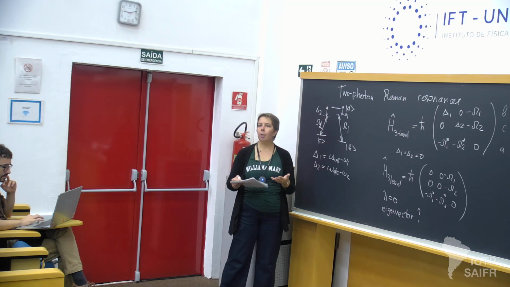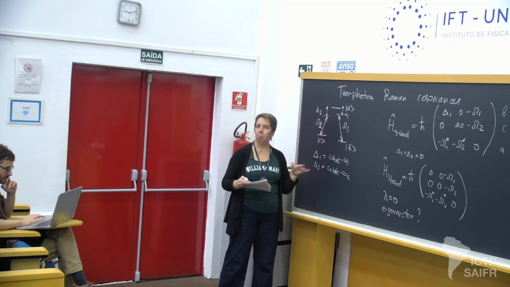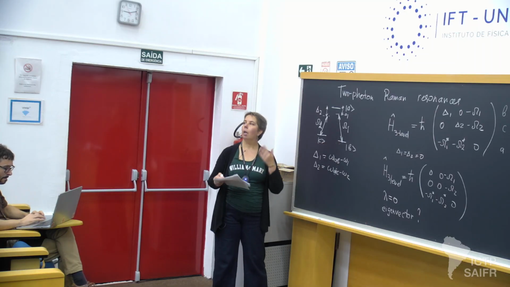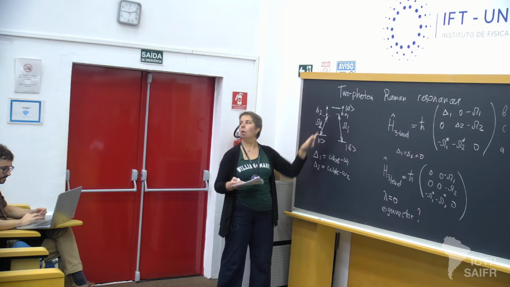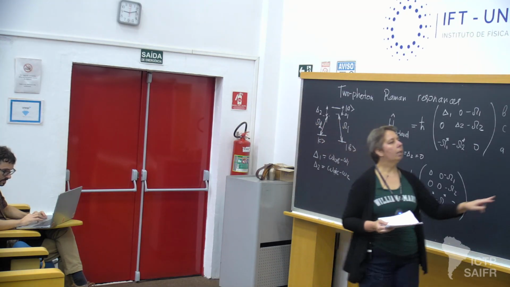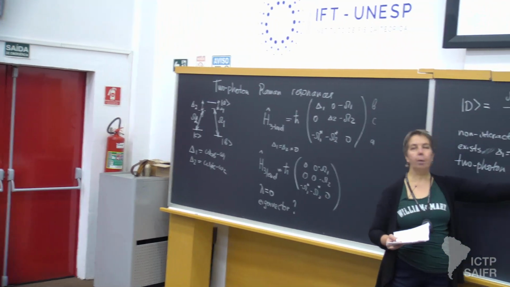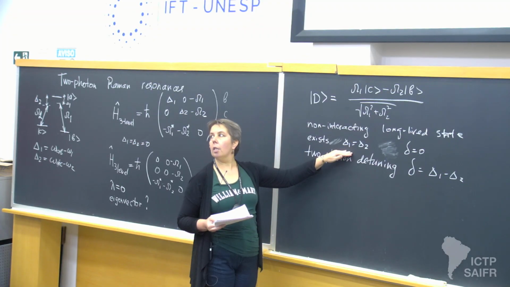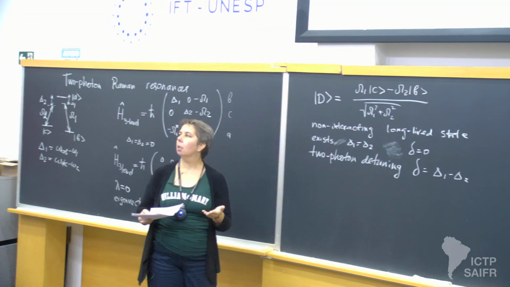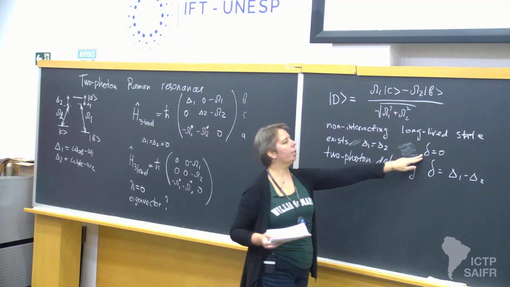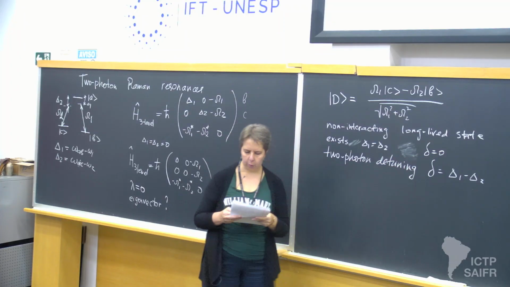In principle, I can use a microwave field to access it. There's nothing wrong with that. But I want to do it optically, and to do it optically, I need a link of two photons. Now, this is a very special thing. The beauty of it is that it's way less dependent on the one-photon detuning of the light. So we mostly care about the two-photon detuning.